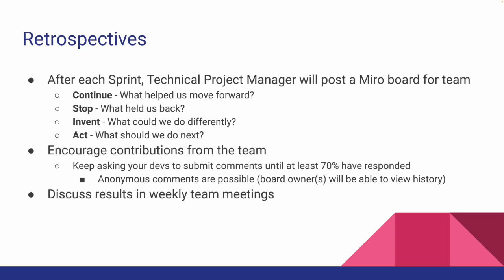Another note I wanted to make is that anonymous comments are possible. When I did retros over the summer, I always let people know that you do not have to sign your comments if you don't feel comfortable. You can if you want to, but with that, I want complete transparency that board owners, such as myself, will be able to view the history.